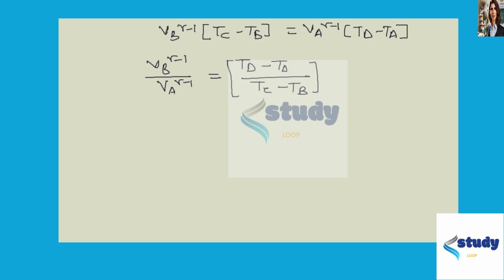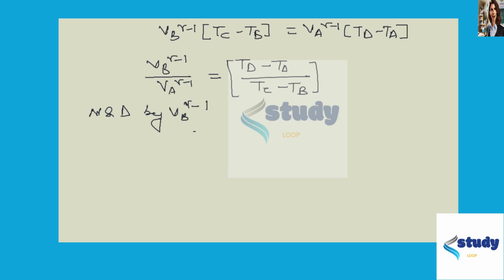Now to solve this equation further, in order to get the desired answer, we divide numerator and denominator by VB^(rho minus 1).